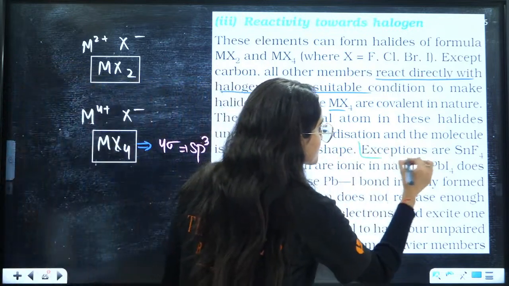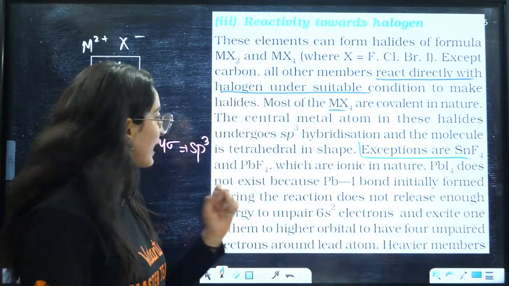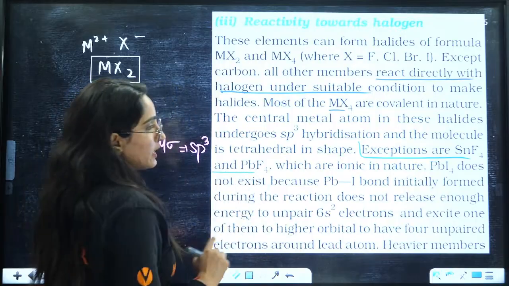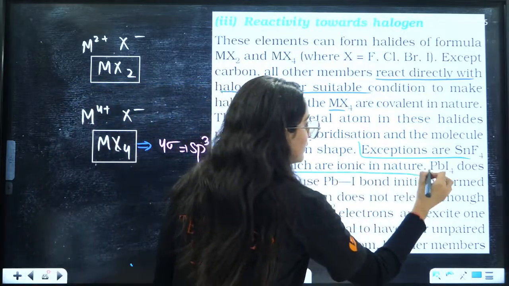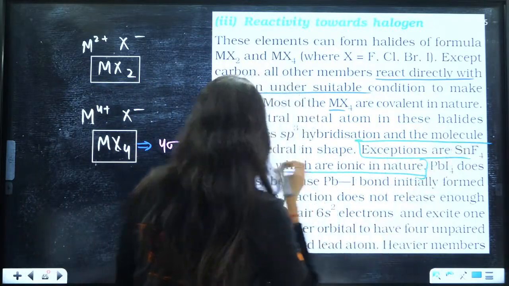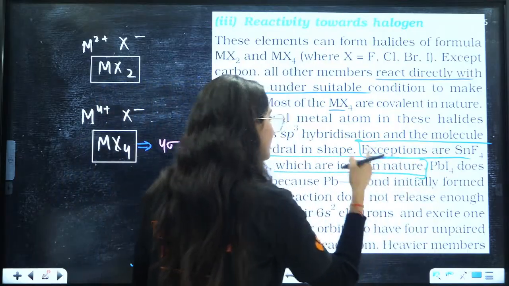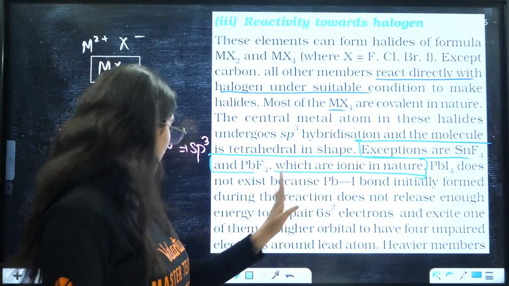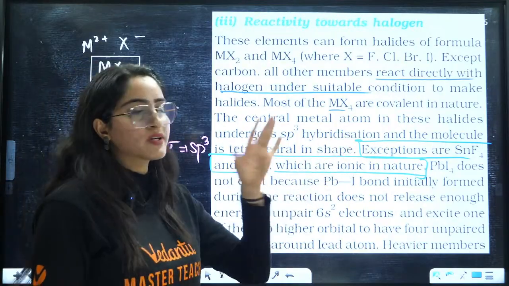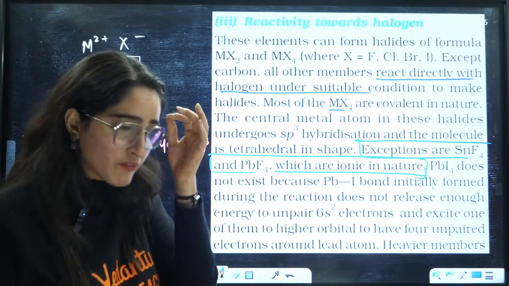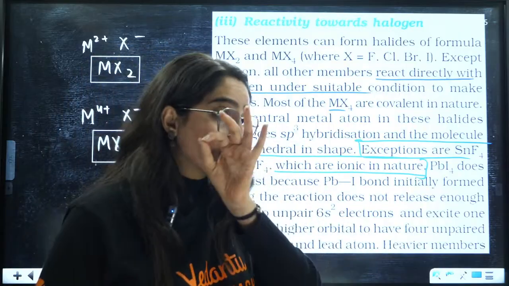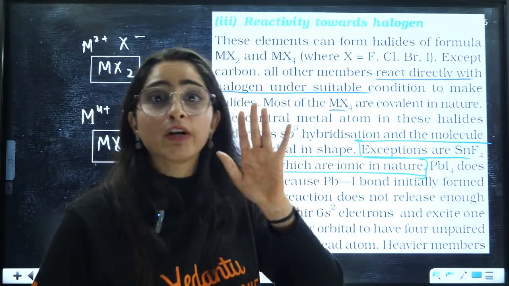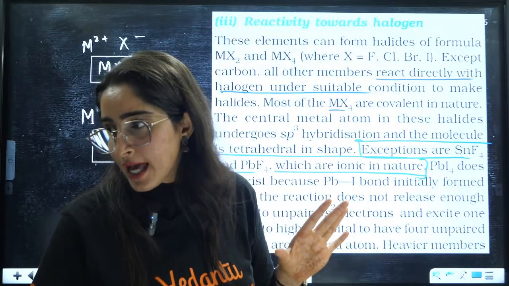Now, exceptions are tin fluoride and lead fluoride, which are ionic in nature. Mark this important. I think this was also a previous year question of NEET. I have seen this question. Whenever you see an exception, underline it, because it will be asked directly in the exam, right?